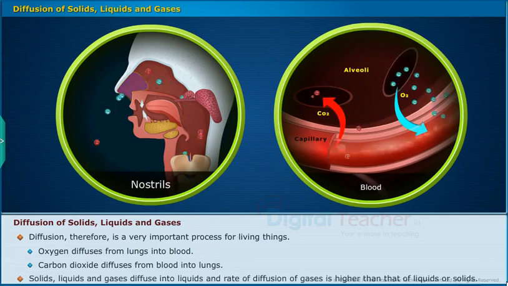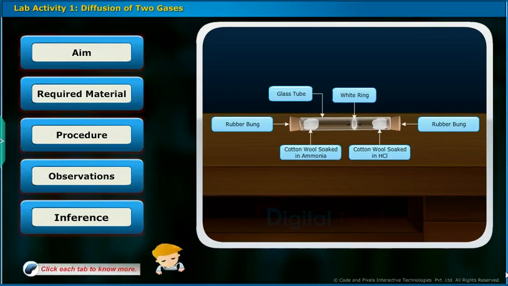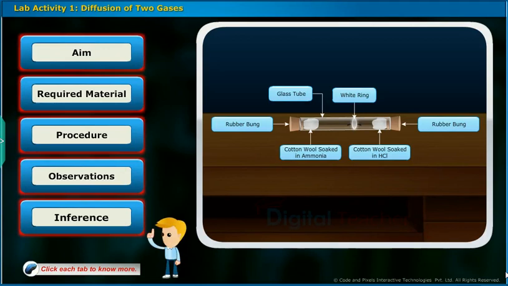Solids, liquids, and gases diffuse into liquids, and rate of diffusion of gases is higher than that of liquids or solids. Let us do a lab activity to observe the speed of diffusion of two gases. Click each tab to know more.